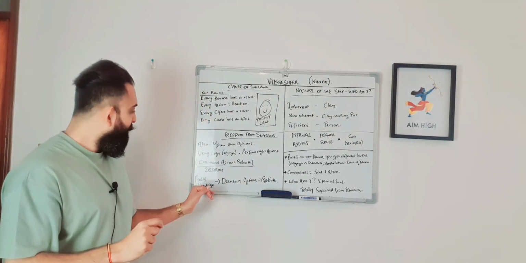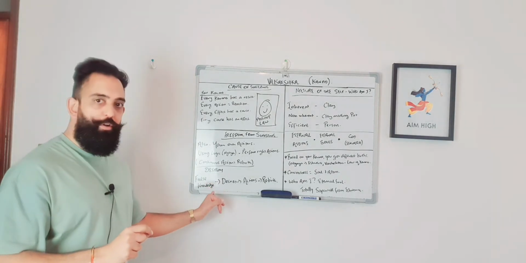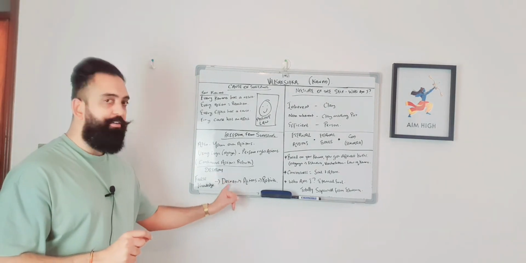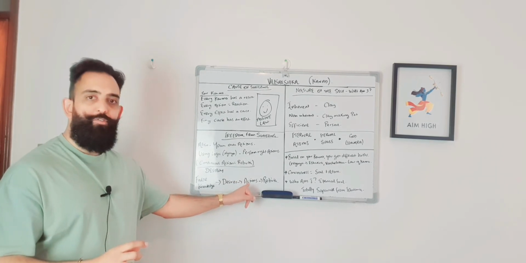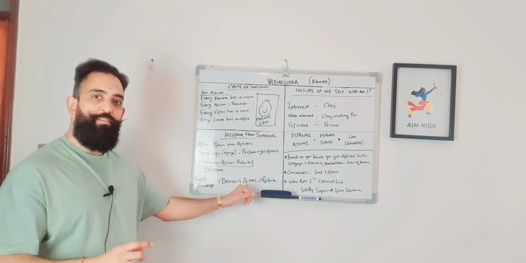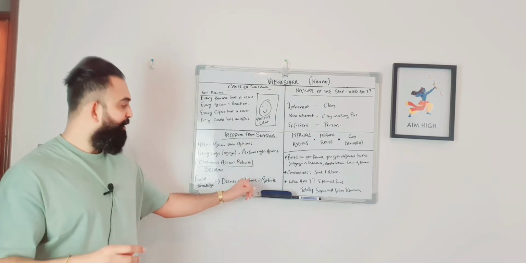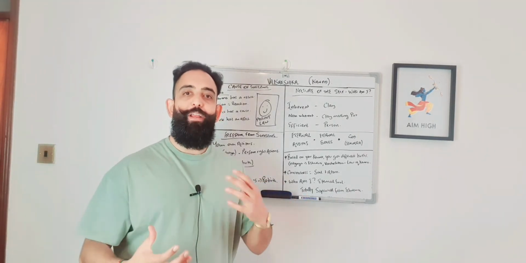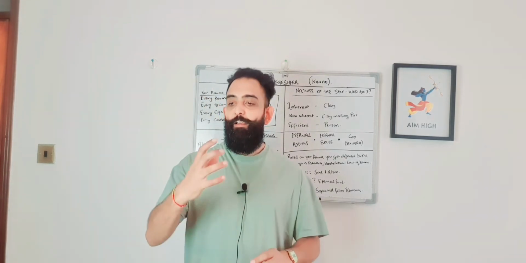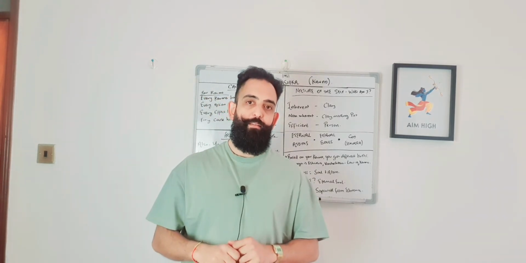So if you destroy the false knowledge, you will destroy desires. If you destroy desires, then you will destroy actions. And if you destroy actions, then automatically you will destroy rebirth, because when there are no more reactions, there is no need for a rebirth of the soul, essentially.